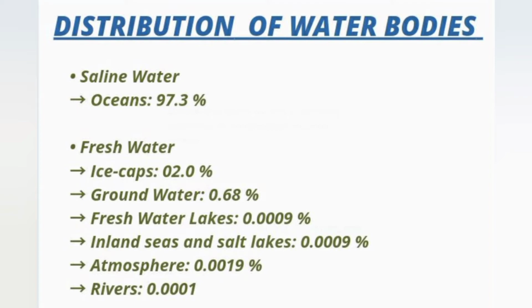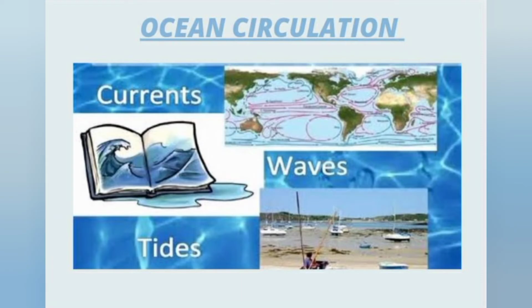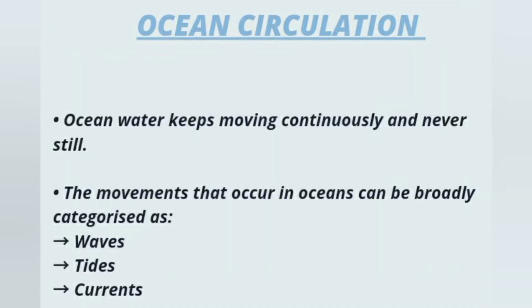Now we will discuss ocean circulation. In ocean circulation, there are three categories: currents, waves, and tides. Ocean water keeps moving continuously and is never still.